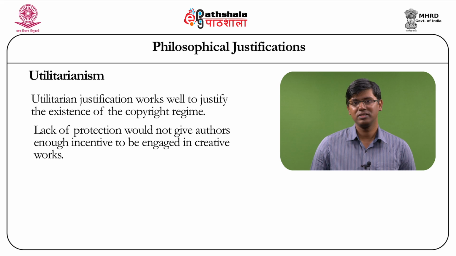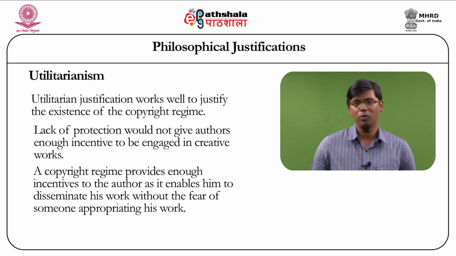But if the author is granted a certain period of protection, then it will allow him to come forward with the work, publish the work, and recoup the costs and earn royalties by sales of books.